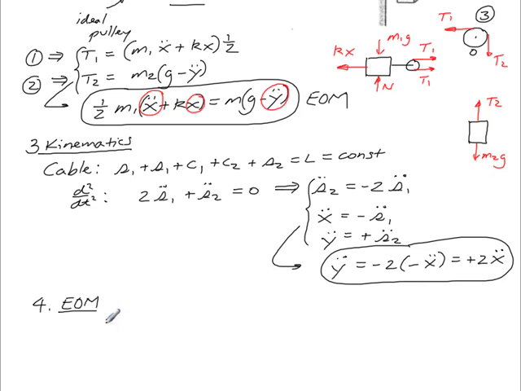So this is going to be 1/2 m1 x double dot plus 1/2 kx is equal to mg minus my double dot, so that's a 2x double dot, like that.